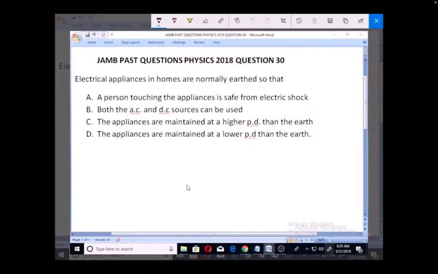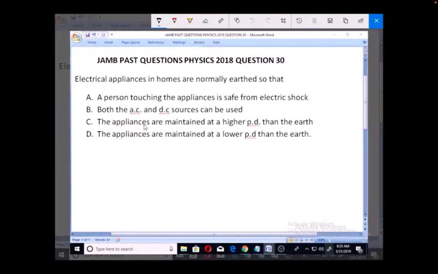So what is the answer to this problem? Why do you earth in homes? It is very clear and common sense that we earth because we don't want anybody touching the appliances to have electric shock. We want them to be safe from electric shock. That is the reason we do earthing.